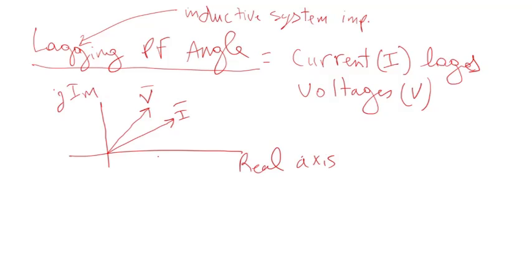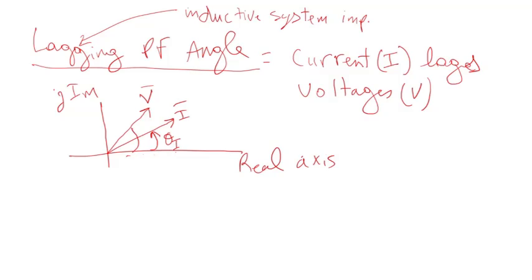So if we use this horizontal line as a reference, the angle from the reference to the current, we can call that theta I, meaning the phase angle of current.